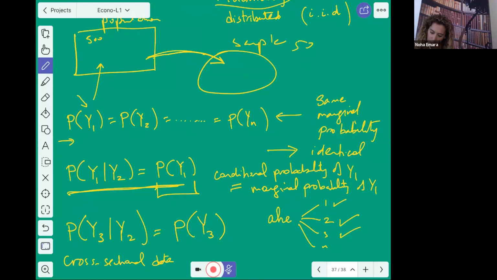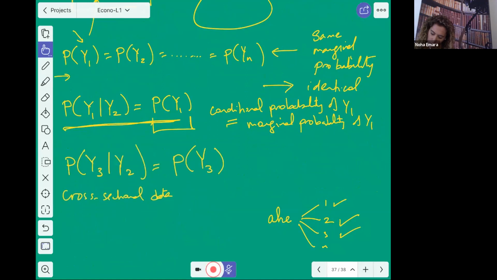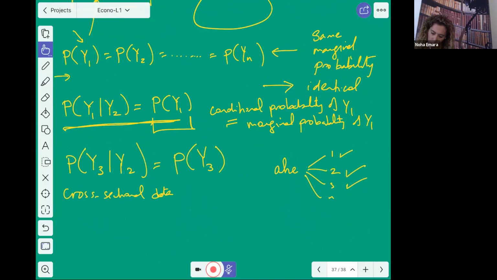This assumption is easily achieved when I talk about cross-sectional data.